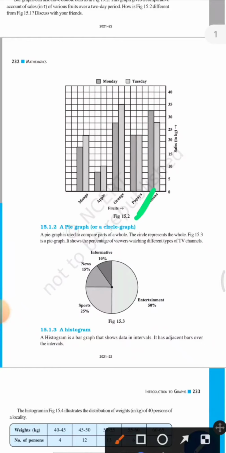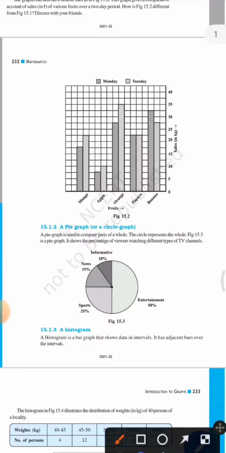And in the last bar graph you can see the first one, that means the selling on Monday is higher than the selling on Tuesday. So banana selling on Monday was higher with respect to Tuesday.